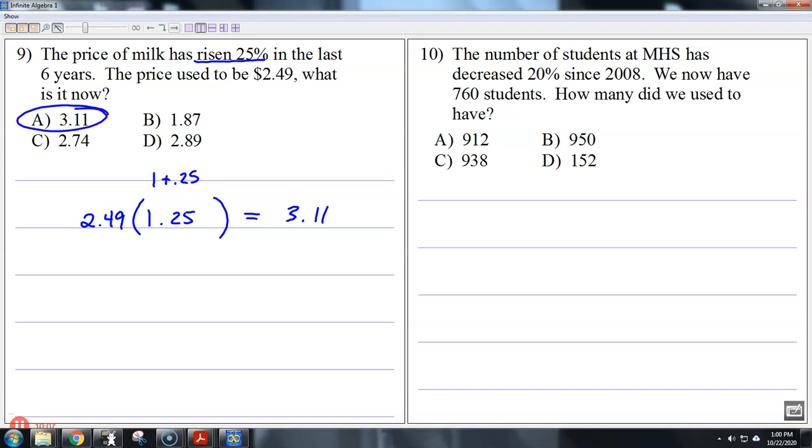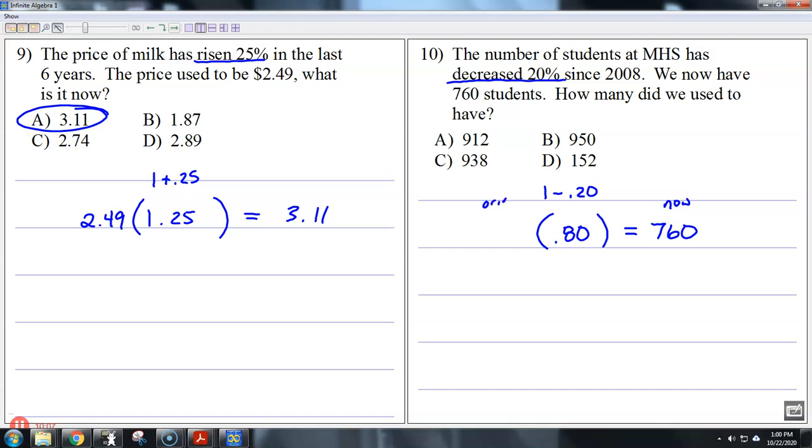Correct answer, A. Number 10, the number of students at MHS has decreased 20%. So I know right now I'm going to have a 1 minus, a decrease of 20%, which is going to turn into a 0.80. We now have 760. So that tells me where this goes. We now have 760. How many did we used to have?